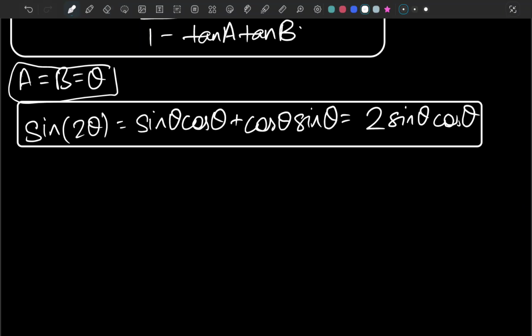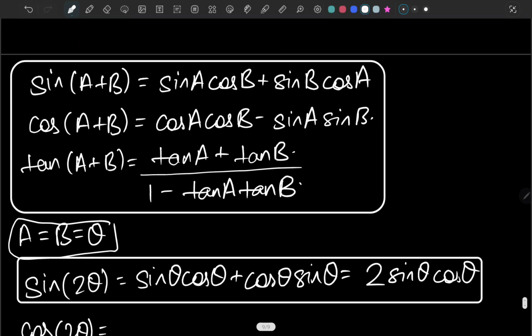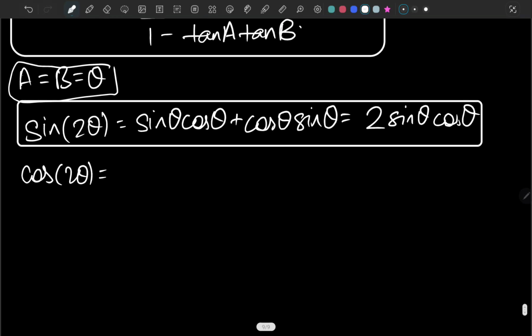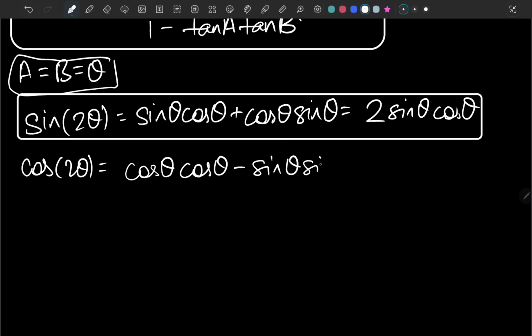Okay, so yeah, and now let's talk about cosine of 2 theta. So cosine of 2 theta equals, here we have cosine of theta times cosine of theta minus sine theta times sine theta.